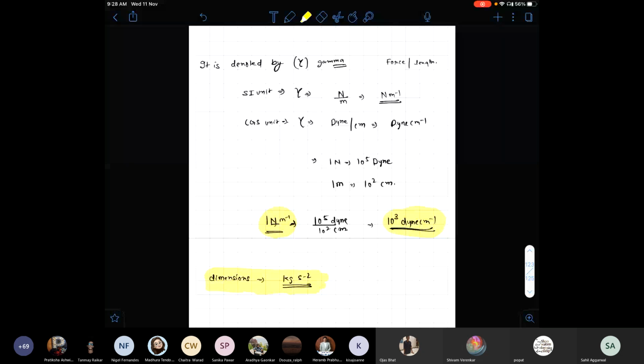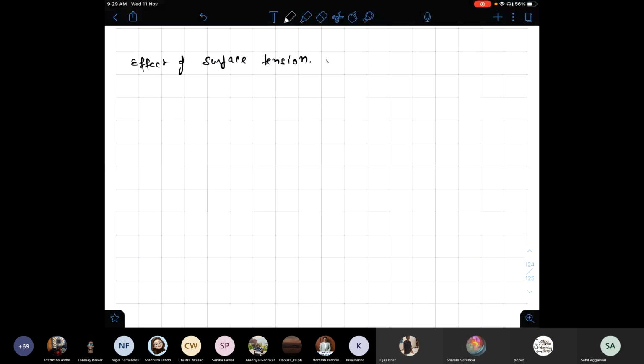Now, as she said that it is a shrinking property, we will write: effect of surface tension is to reduce the surface of liquid to minimum.